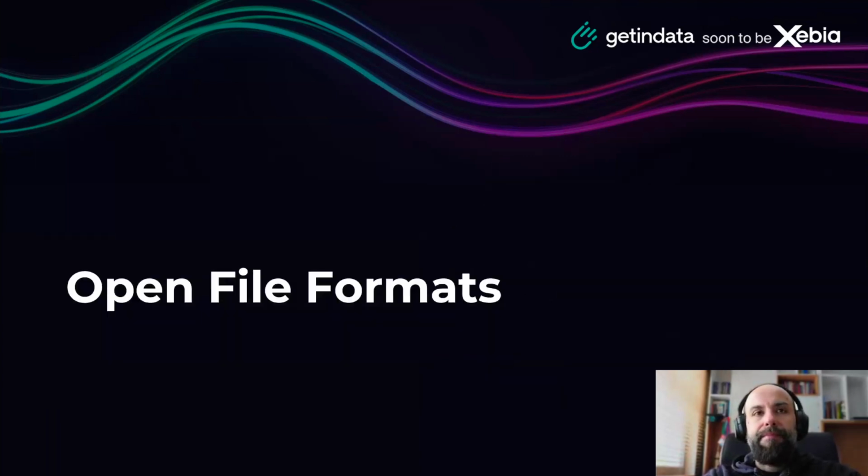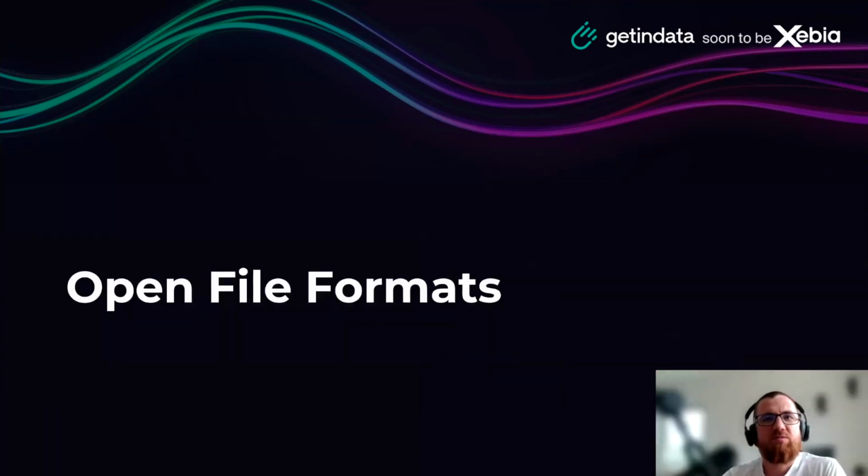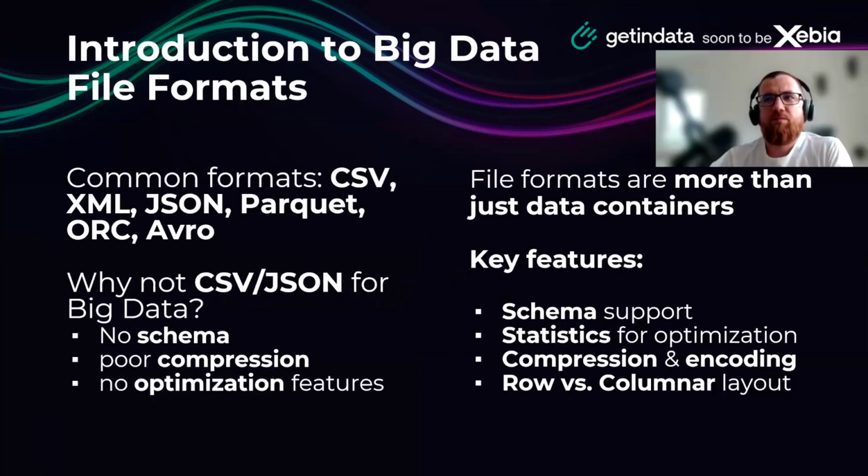Tomek? Okay, thanks. So as Marek said, let's start with open file formats. And before we dive deeper, let's define what we mean by big data open file formats. Probably all of you know formats like CSV, XML, JSON. I hope lots of us also know what Parquet or Avro is. And by big data formats, we mainly mean Parquet, ORC, and Avro.